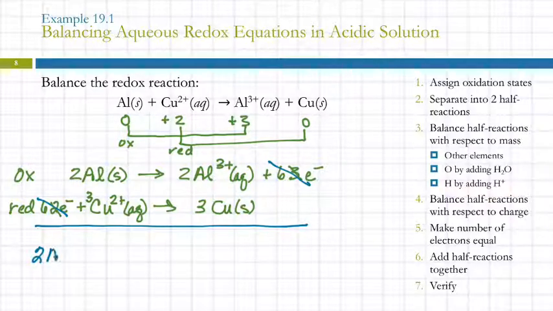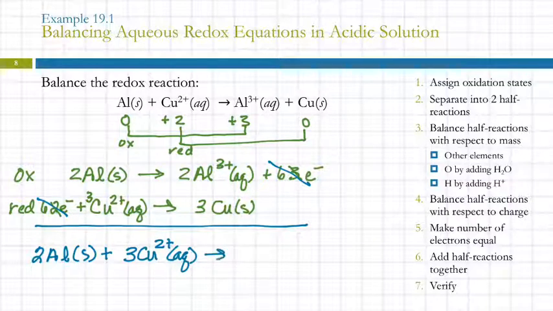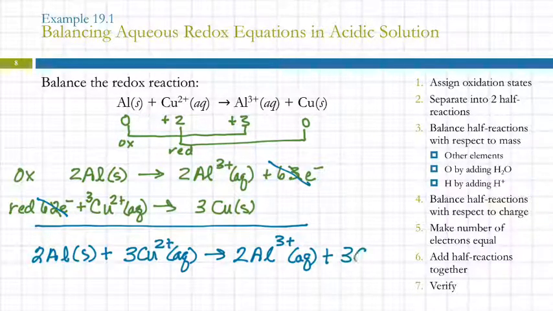So I've got 2 aluminum solid plus 3 copper 2+. That's aqueous. And I've got 2 aluminum 3+ ions and 3 copper solid.